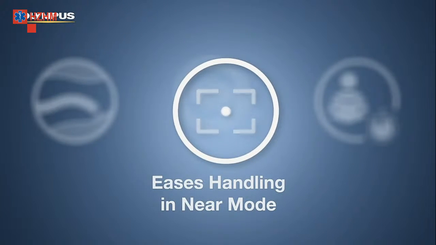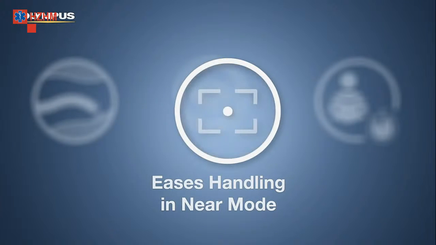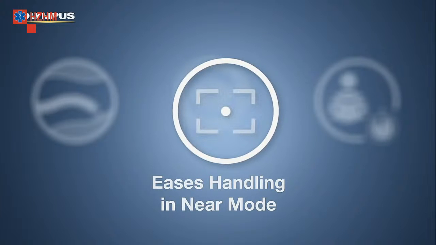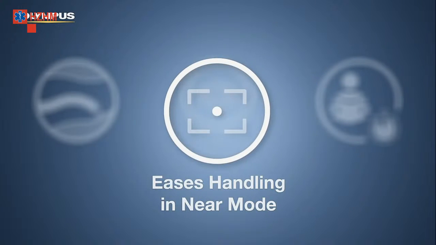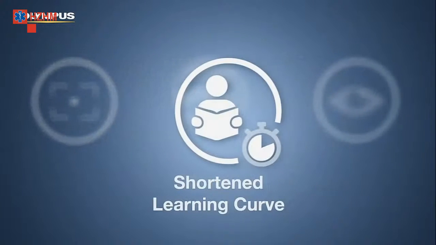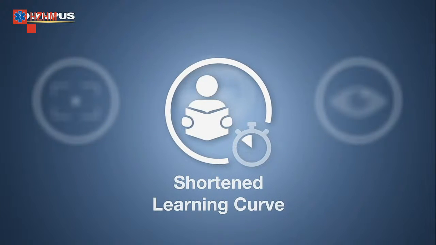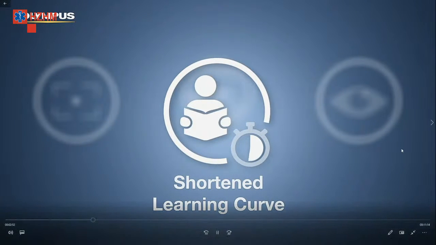EDOF is designed to also ease handling in near mode. With its large depth of field and maximum magnification equal to that of zoom endoscopes, it allows the entire lesion to be kept in perfect focus and images to be achieved that typically used to be reserved for very experienced endoscopists. As a result, the learning curve for advanced imaging is expected to be shortened for non-experts.